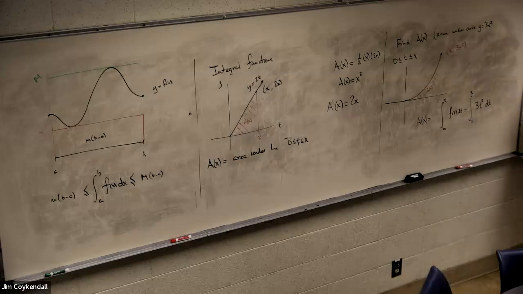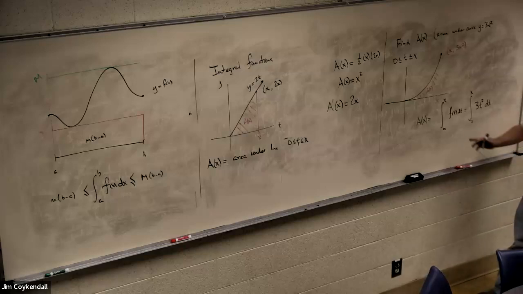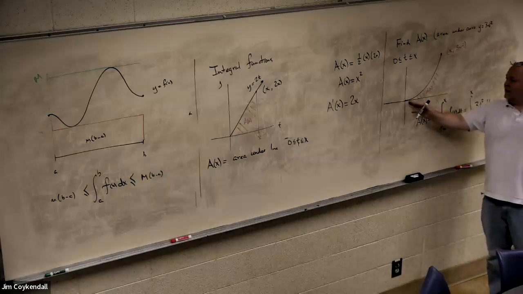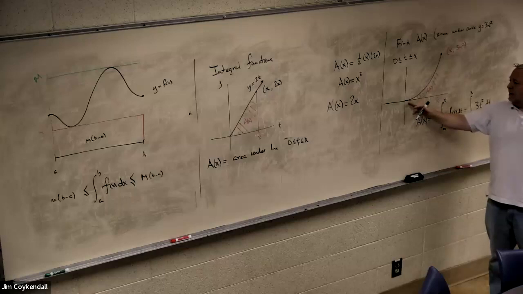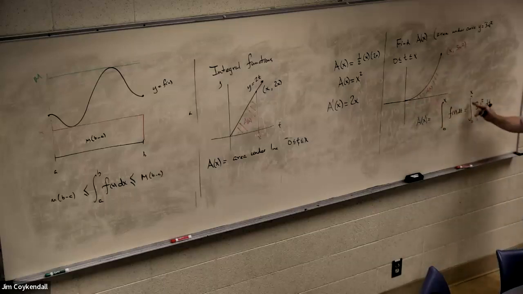I agree with that. Because really, me finding this area is me. What if we learned that the integral actually gives you the area? Since this function is above the x-axis, it gives you the area of that, right? So really, A(x) is really this.